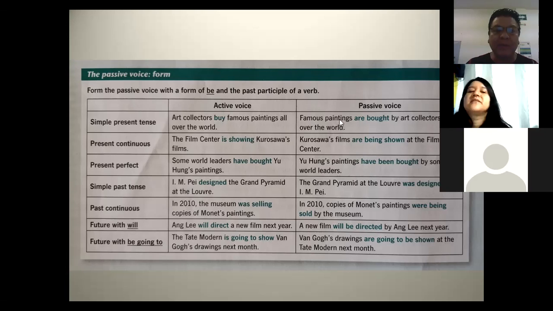We have the active voice and the passive voice. Look at the tense. Simple present, present continuous. Look, we have the different tenses, but we have the active and passive voice.